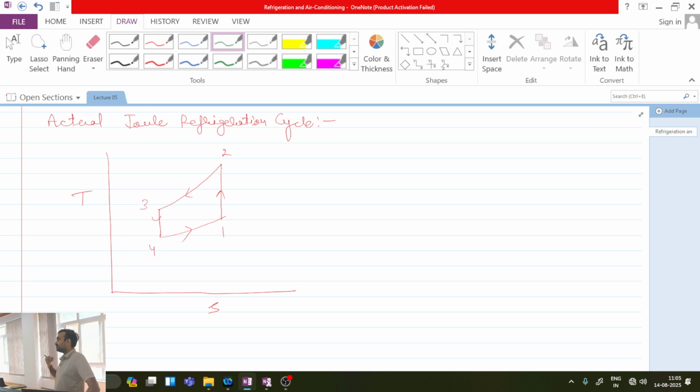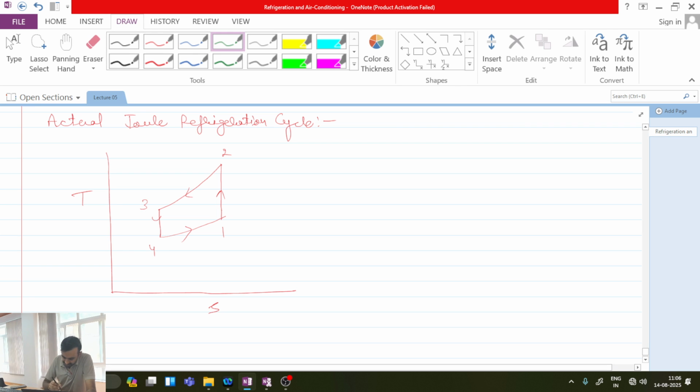Because of the irreversibilities, the amount of entropy will increase, because during the process there will always be generation of entropy, and the entropy generation term is always greater than or equal to 0. It is equal to 0 for a perfectly reversible process, and it is greater than 0 for an irreversible process.